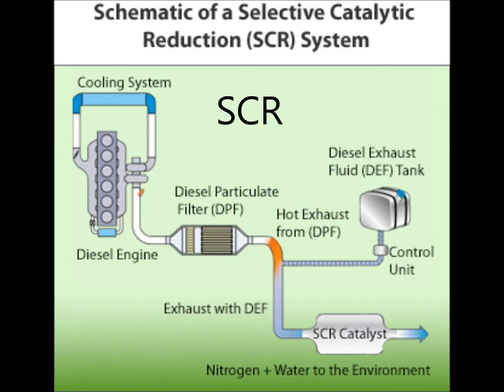Well, SCR uses an ammonia-based reductant that combines with the NOx, which is also known as oxides of nitrogen, and is absorbed by a catalyst. Once it is in the catalyst, a chemical reaction takes place to separate the nitrogen and oxygen. This means that only nitrogen and water will be released into the atmosphere, and not harmful gases such as NOx.